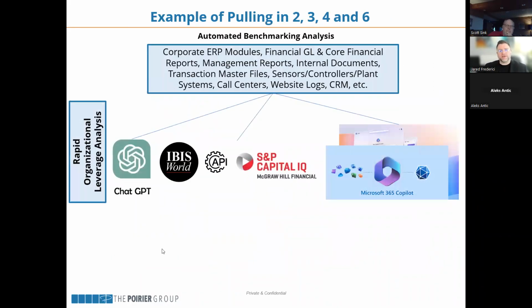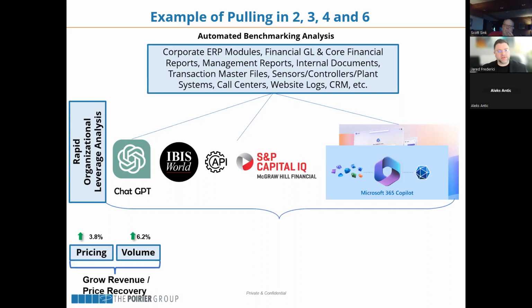I think for us, how are we pulling in, as an organization, maturity levels 2, 3, 4, and 6? If you go back to the tools as part of maturity level 2, 3, 4, and even AI at level 6, we're actually building some things around benchmarking. And we talked about this in the previous webinar around us using ChatGPT, IBISWorld as a great tier 1 research and benchmarking platform, CapIQ, some APIs.